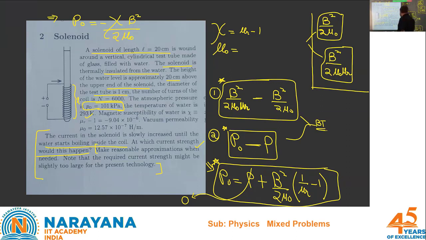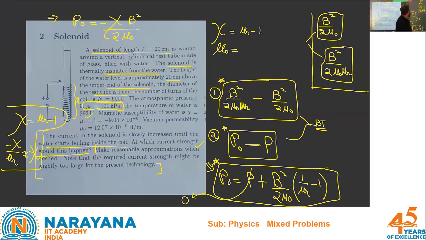Because he has given that equation, the chi term that was given to you was mu r minus 1. That is given. One more thing that I have done here is that I have approximately written chi upon mu r as chi. Chi upon mu r is, as a valid assumption, approximately equal to chi. After this approximation, this is perfectly fine. Looking into the values, you can take approximations.